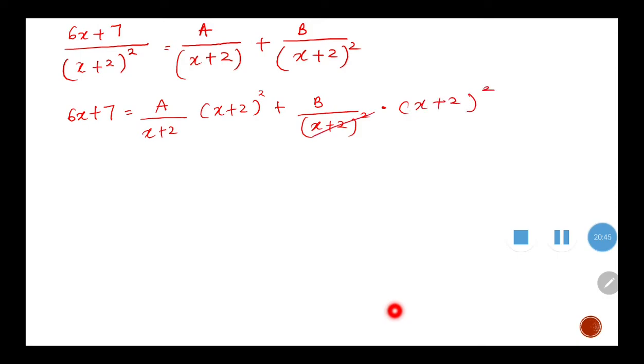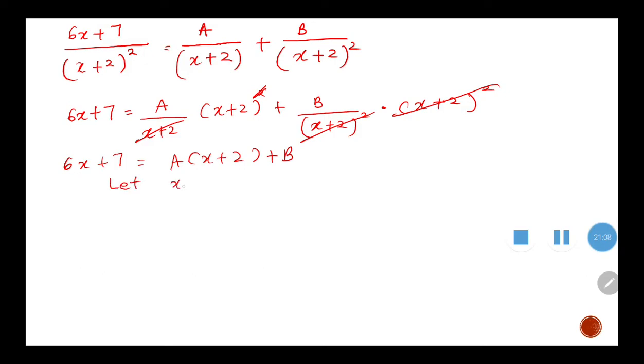So these can be cancelled together, leaving b, and this can be cancelled, leaving the final one as a(x plus 2) plus b. Okay, can we find a and b from here? Yes, we can. To find b, what do we do?